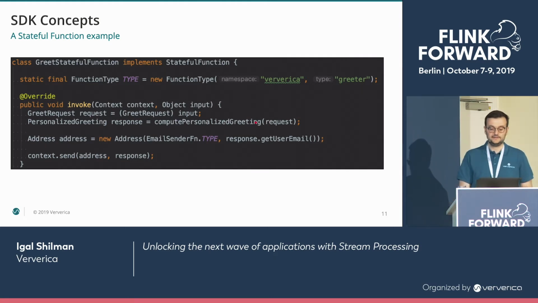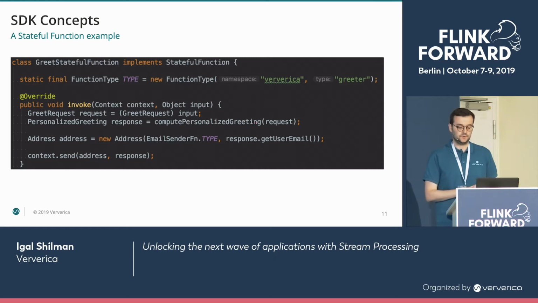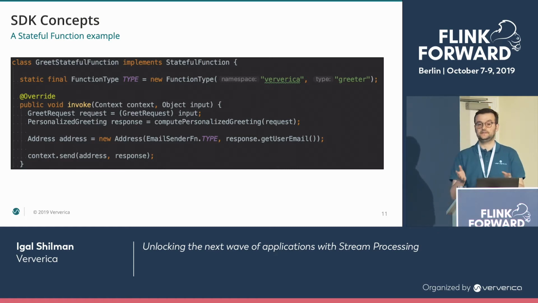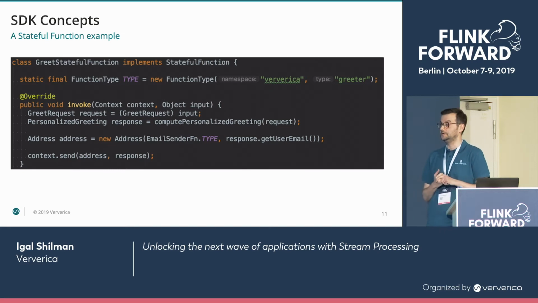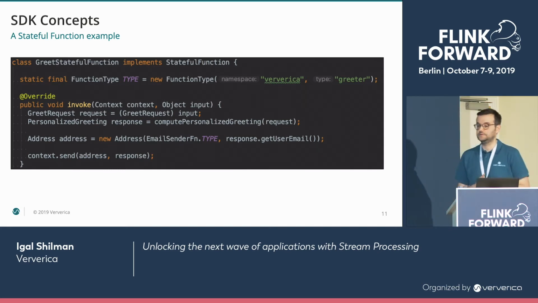And at that time, we decide to send this recommendation, the personalized greeting, to some email function. You can assume that this email function performs some batching or some rate control, so we will not flood and spam the user every time they come into the system.